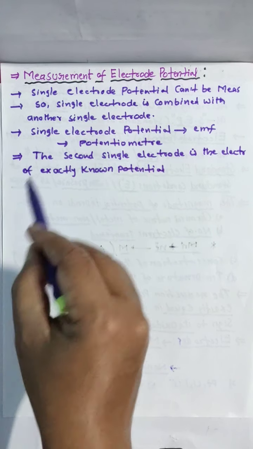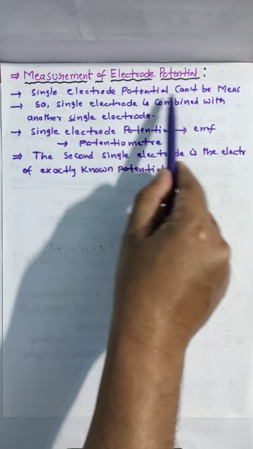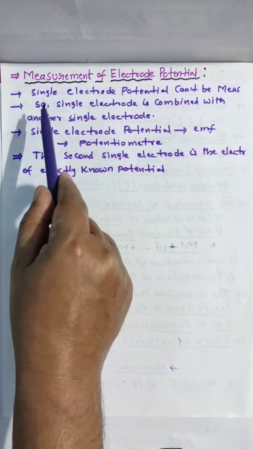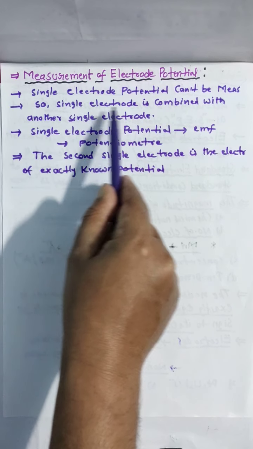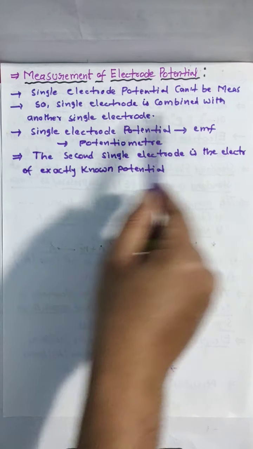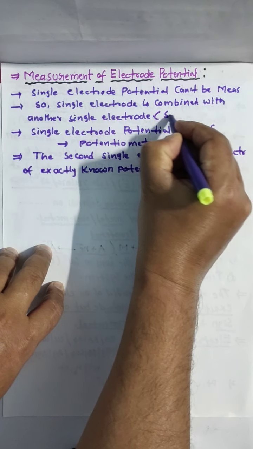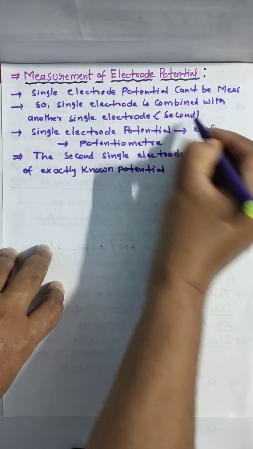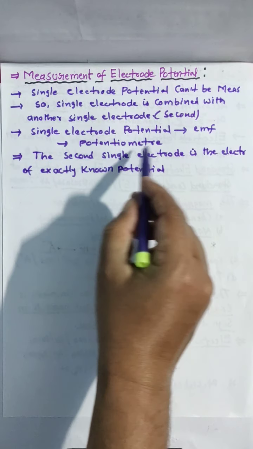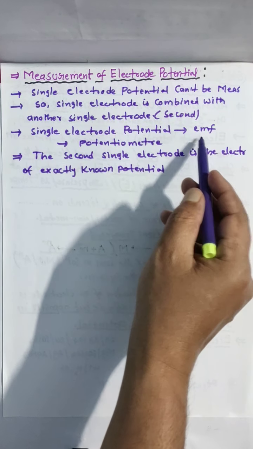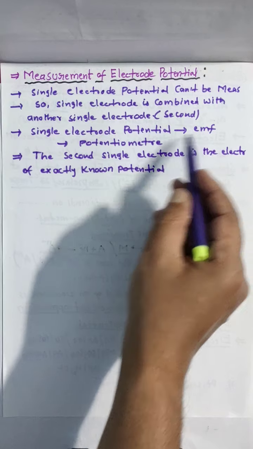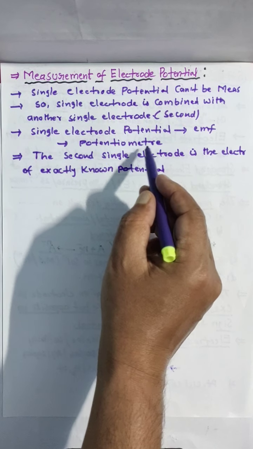Clear? See here, single electrode potential cannot be measured. So what we are doing is combining a single electrode with another single electrode, which we are calling the second single electrode. The EMF can be measured with a potentiometer.